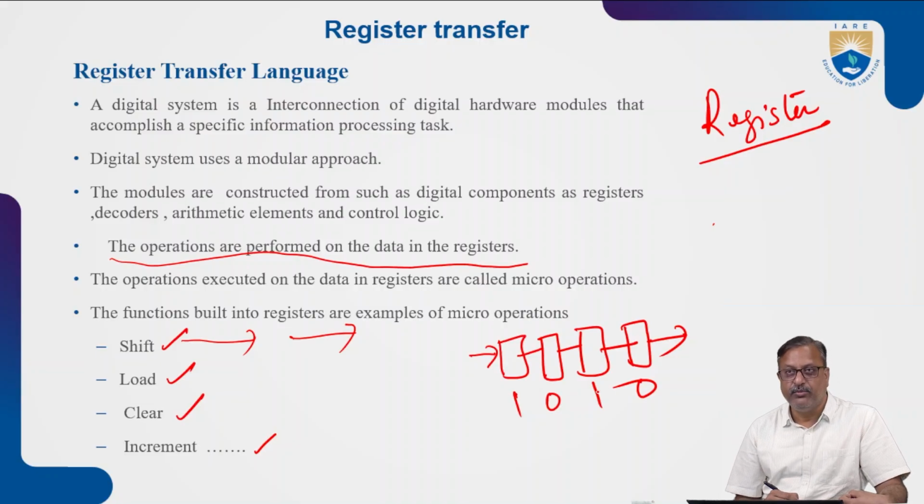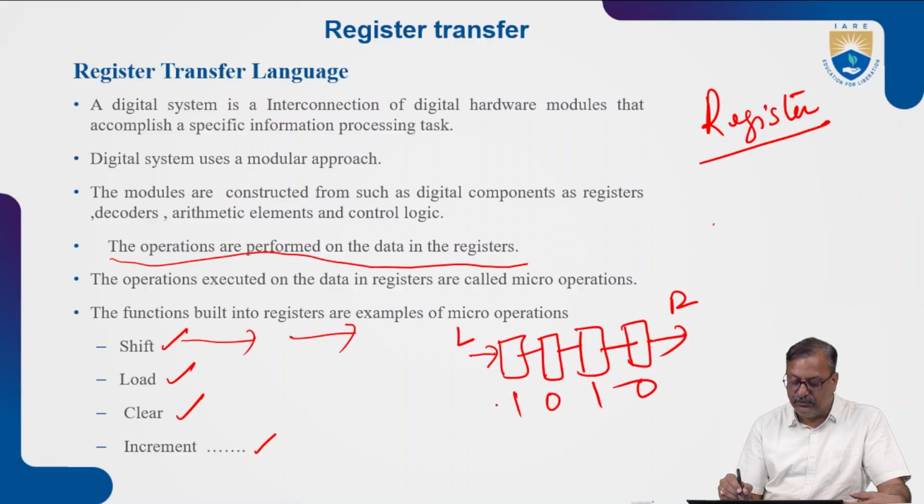What are the possibilities here? This is left, this is right. Facing the screen, my left hand will always be left and right will be right. If I want to shift right, these values have to shift by one.